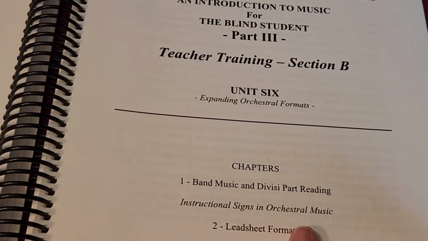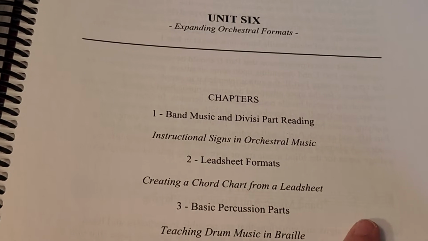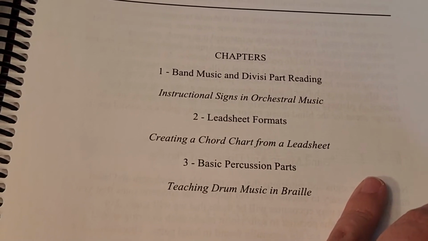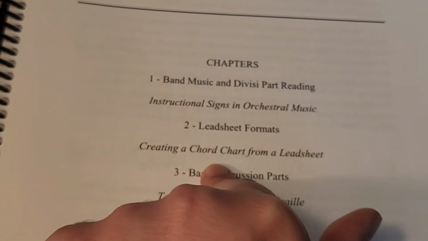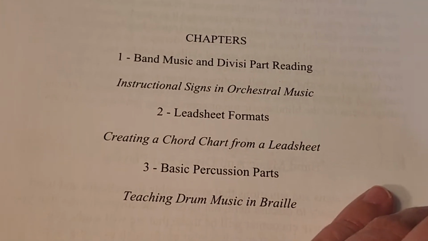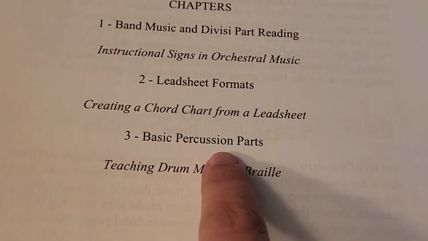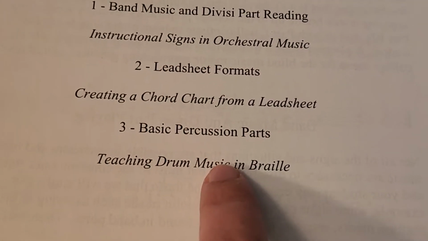Okay, so this is dealing with orchestra and band. And it looks like it deals with how music is laid out, things like that. Maybe some minor things. Basic percussion parts.